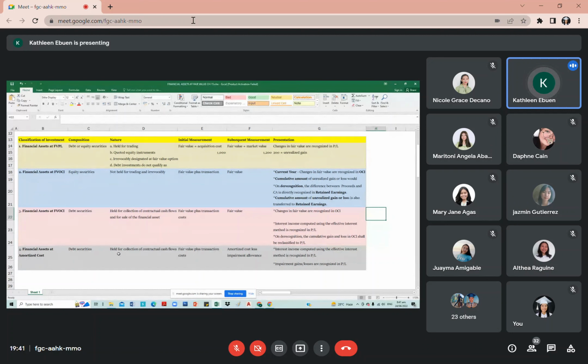So, if the asset is held for collection of contractual cash flows, therefore, the financial asset is at amortized cost. So, yung initial measurement natin sa kanya class is the fair value plus the transaction cost. Yung fair value dito class, remember, it is equal to the acquisition cost or the acquisition price.